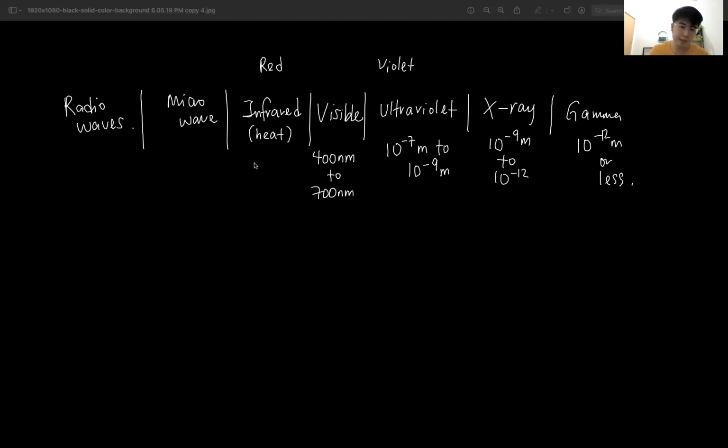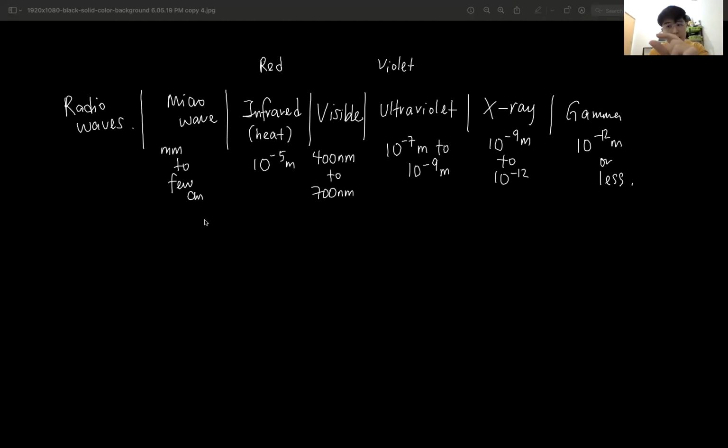To the left here, this is about 10 minus 5 meter. What about microwave? Microwave is about this size, physically this size, a few millimeters to a few centimeters. It's like about half an inch, something like that.